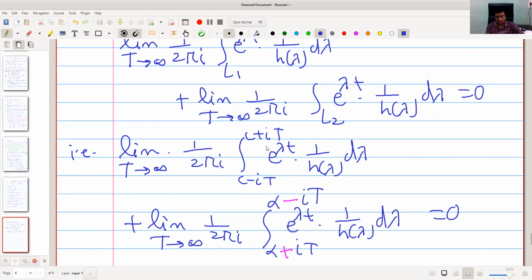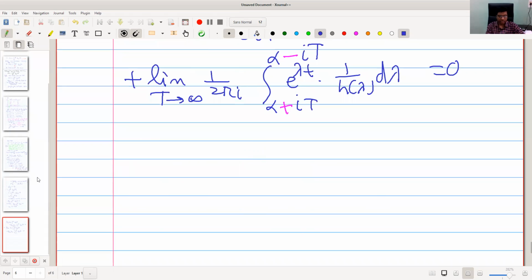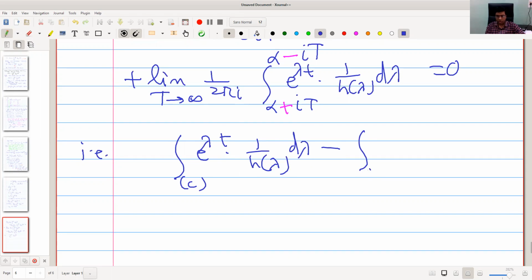So the first term is nothing but the integral along the vertical line c, e raised to lambda t into 1 upon h of lambda d lambda. This is minus the integral along the line passing through alpha of e raised to lambda t into 1 upon h of lambda d lambda, equal to 0.